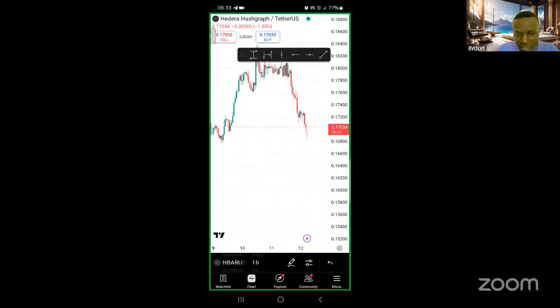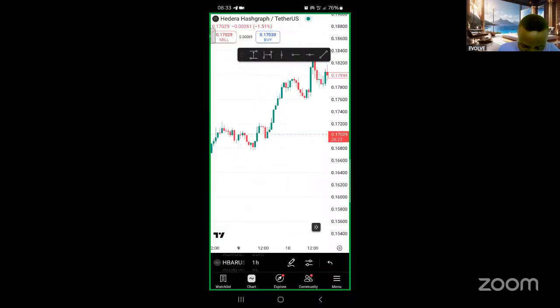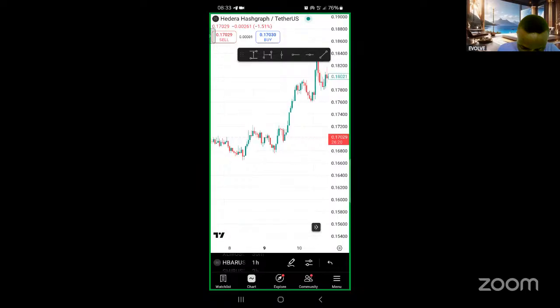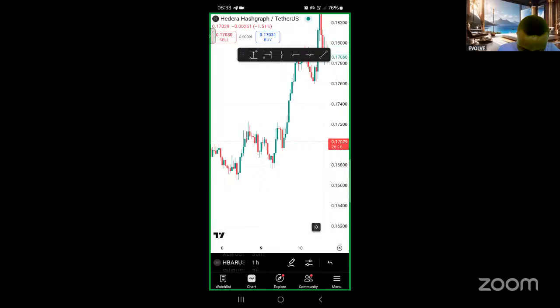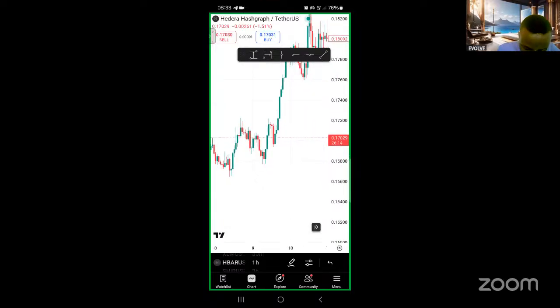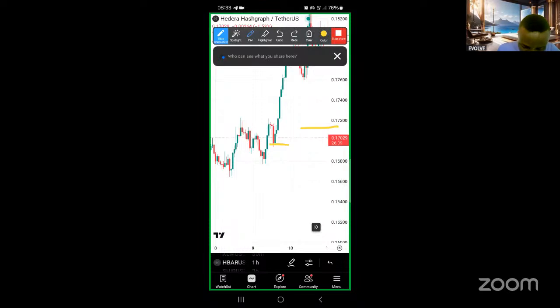From the current price, we see if we move a bit down, I think you can see the dotted line. There was a bounce off somewhere here. The market changed direction and it started going up. Even here, it changed direction and started going up.